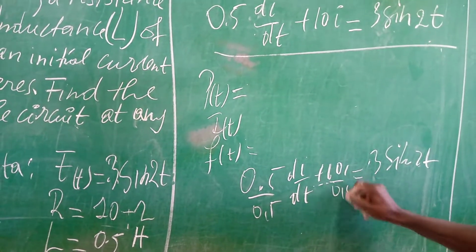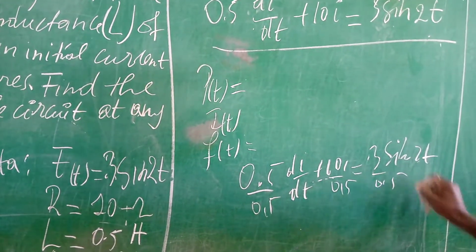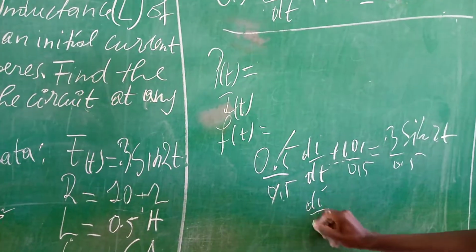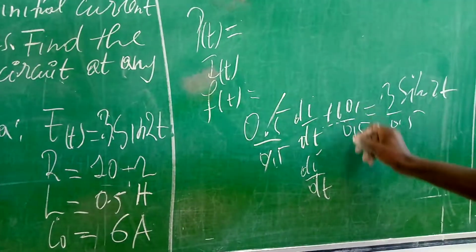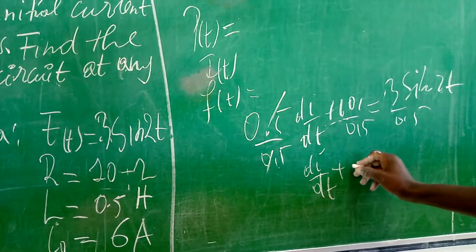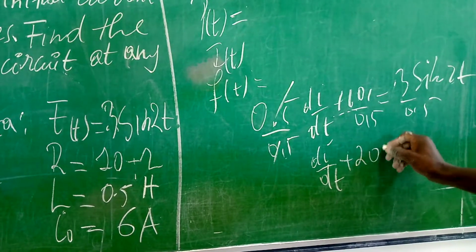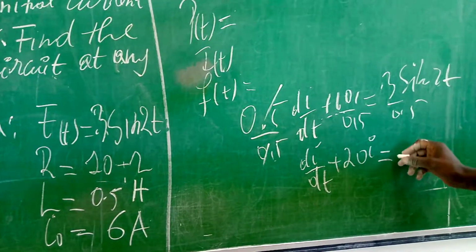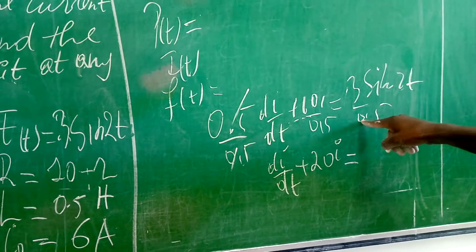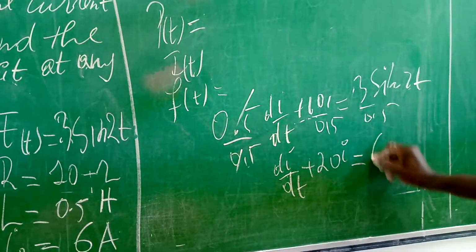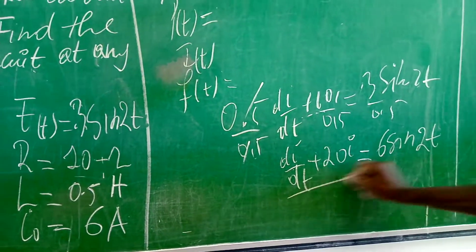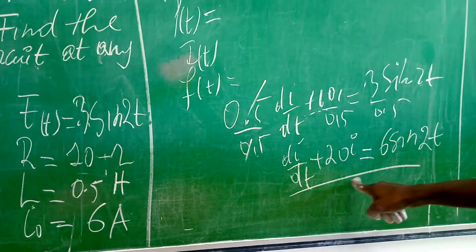Here we remain with 1 times di over dt, plus 10 over 0.5, which is equal to 20 times the current, equal to 3 over 0.5, which is equal to 6 sin 2t. Then we can use this to get these values.